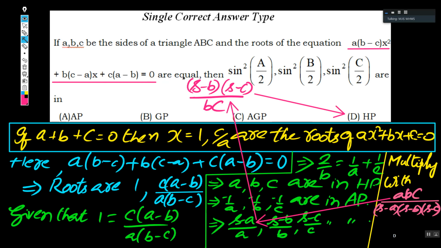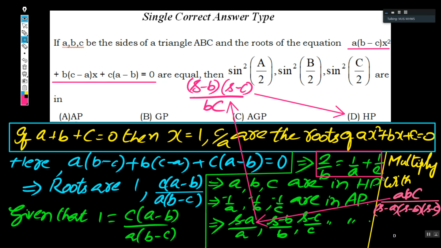Now we know that these are small a, small b, small c, in HP. We got this result here. Just see that: 2 by b is equal to 1 by a plus 1 by c.